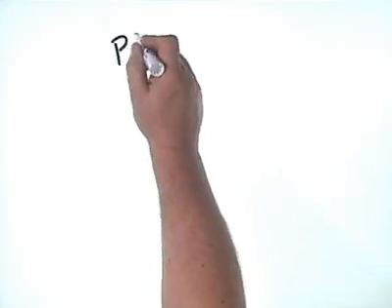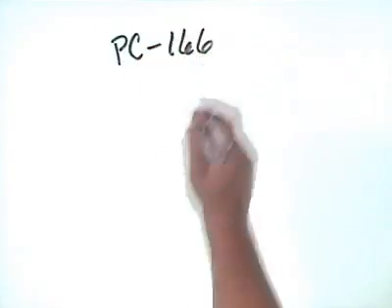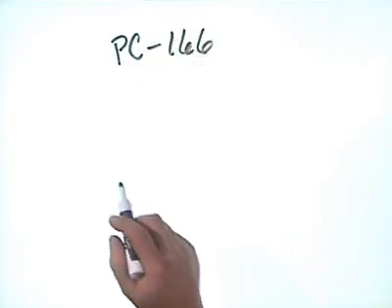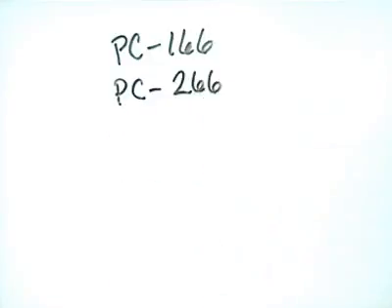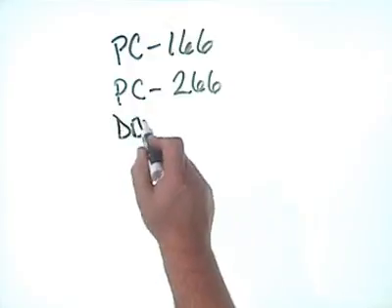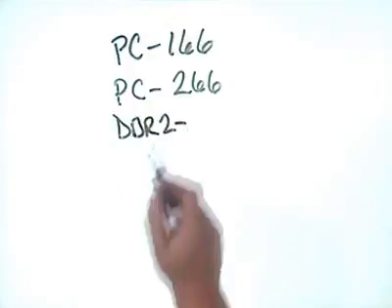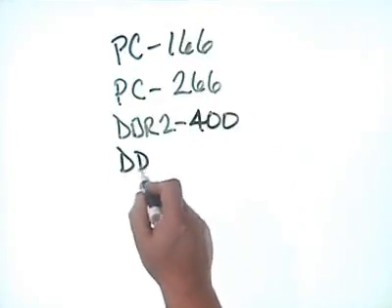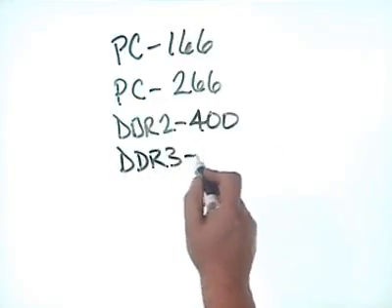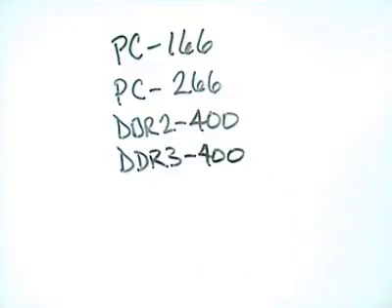Let's say we have PC166 memory, and we want to compare that to PC266 memory, and we're going to also compare that to DDR2 400 memory and DDR3 400 memory. So the question is, which of these memory modules is the fastest?